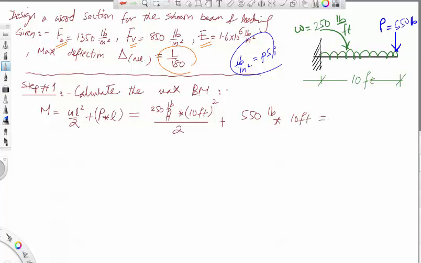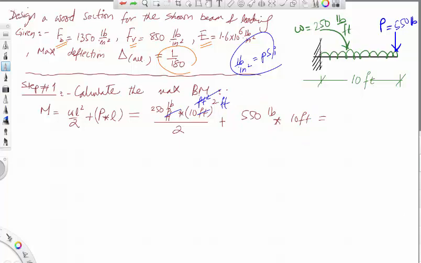If you look at the units, of course we have to do unit math here. This becomes foot squared, and then the foot squared cancels with one foot, so you'll get pound foot, and for this part it is pound foot already. So we are consistent in our addition.